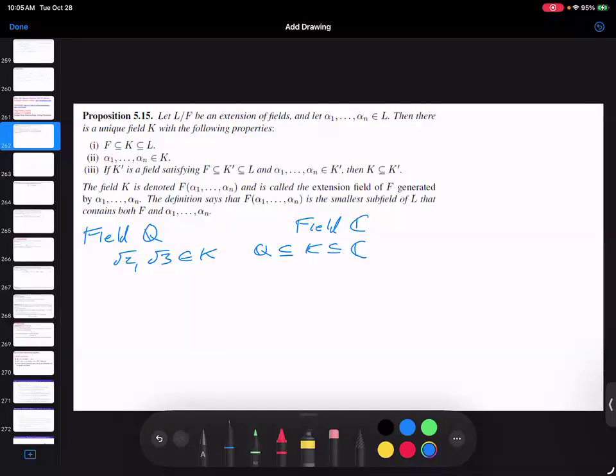And so what elements do you think might be difficult to ensure that we have? So remember, a field is a special type of ring. So if I give you some elements in a ring, what must be true about elements in a ring? They should have an additive and multiplicative identity.